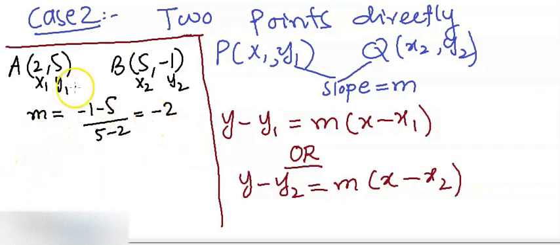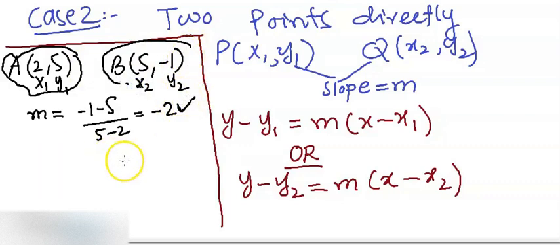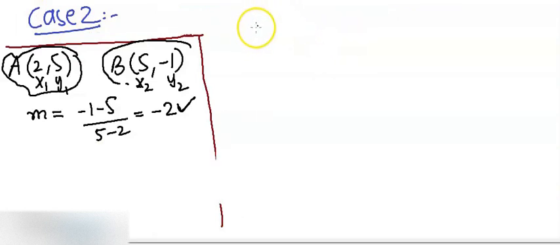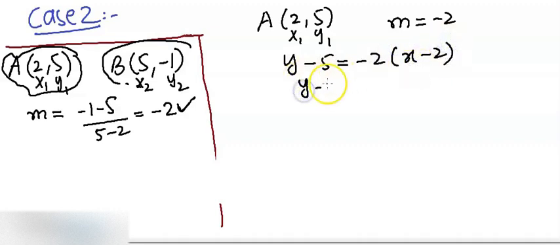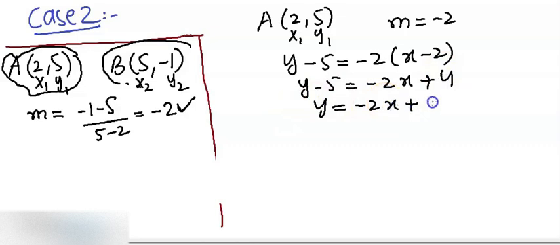Now we can either use this point along with the slope, or we can use the other point along with this slope. Let's say first we take point A, which is 2 comma 5, which is x1 y1, and the slope is minus 2. So y minus 5 equal to m times x minus x1, which is y minus 5 equal to minus 2x plus 4, which is y equal to minus 2x plus 9.